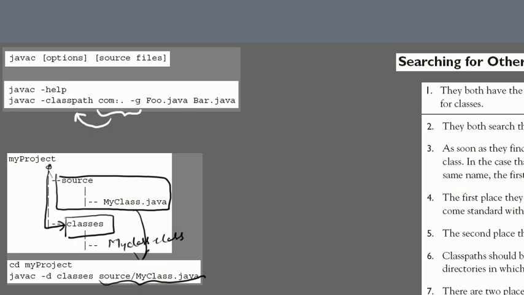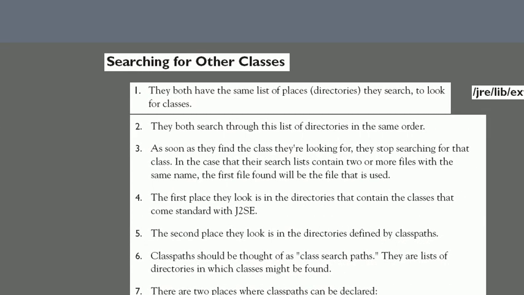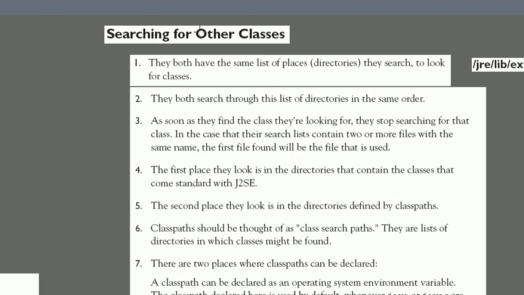Let's take a look at how the javac or java command looks for a particular class that is given within the program. They both have a common set of places that they look at, and they both search through this list of directories in the same order. First, they both have a common place that they look for the class names in.